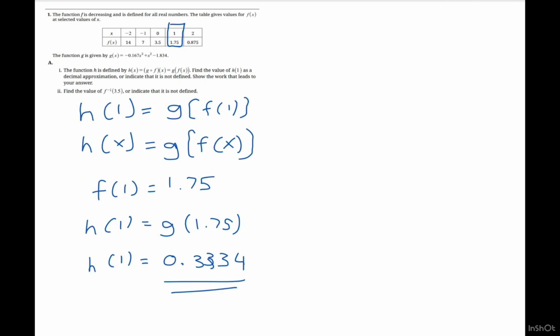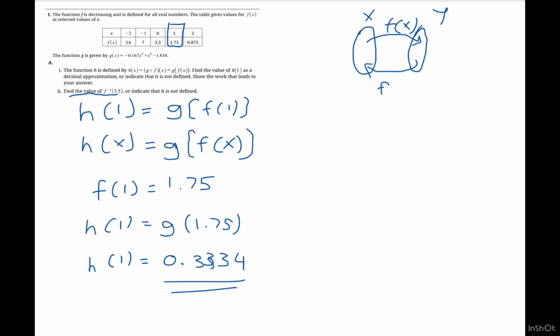Now the second part is find the value of f inverse of 3.5 or indicate that it is not defined. Now, one thing about function inversion is that if you have a set of inputs x and a set of outputs y, then the function f takes the inputs to the outputs. This is function f. But the inverse function of f, which is f inverse of x, essentially takes the outputs to the inputs.